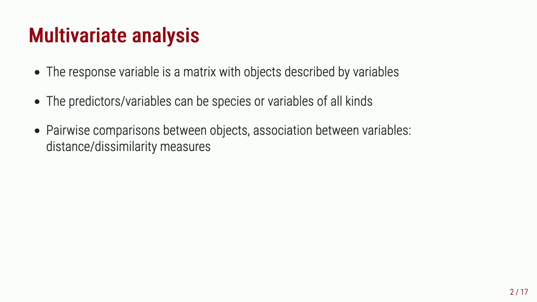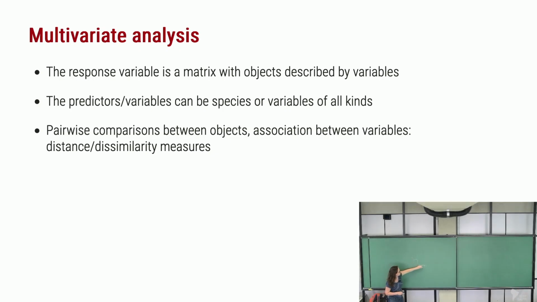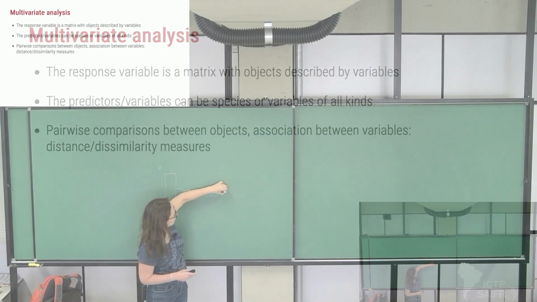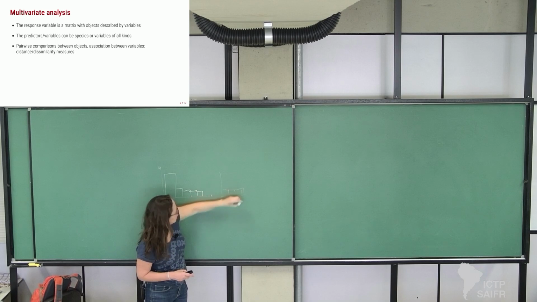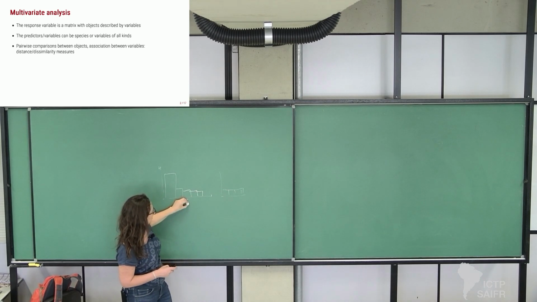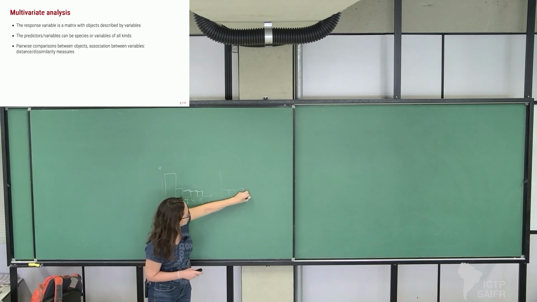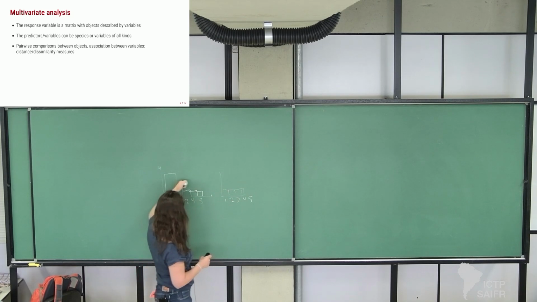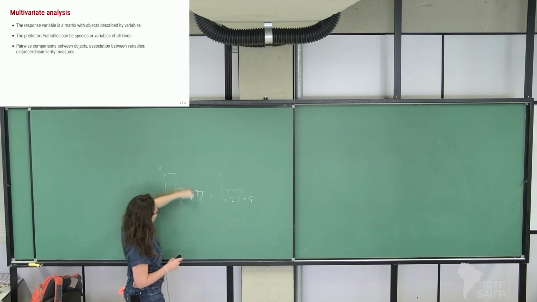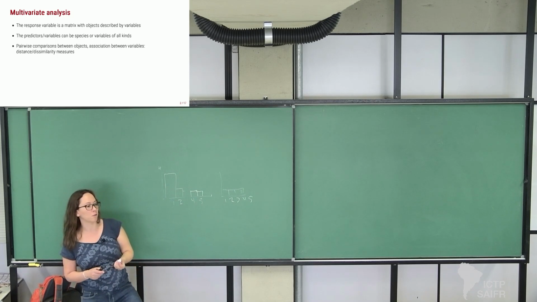If you remember the two fake communities that we did a couple of days ago, we had a community that was not even at all, and a community that was more even. Imagine that they share some species, but do not share some other species. So one of the questions is, what does it mean to be similar in terms of community?